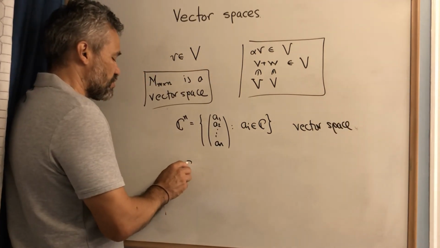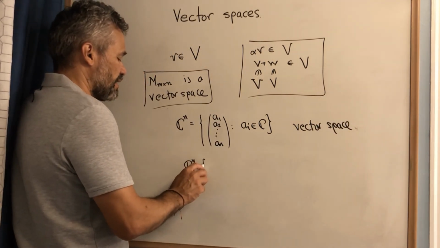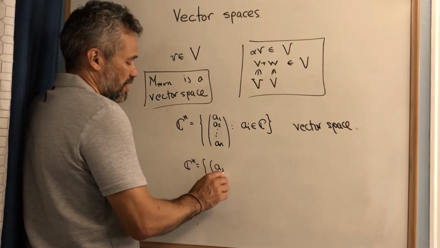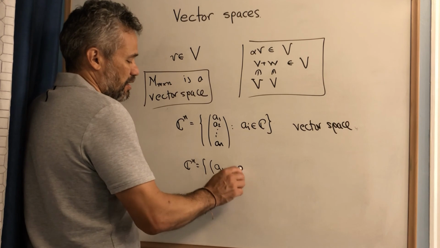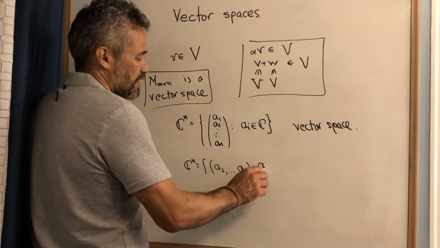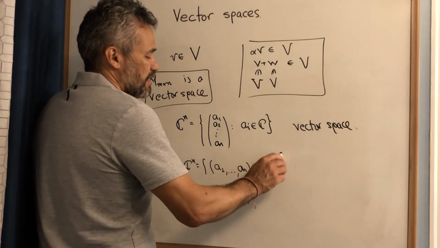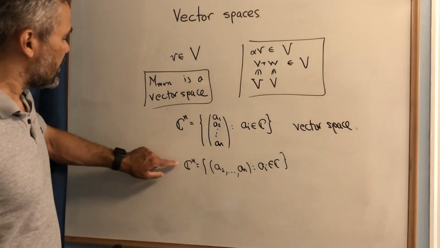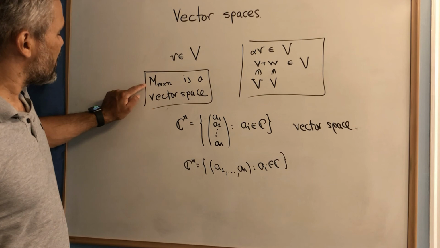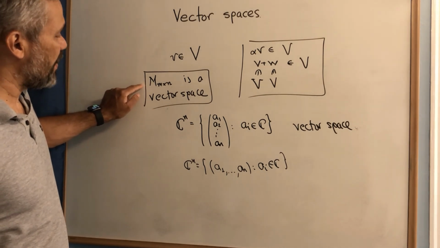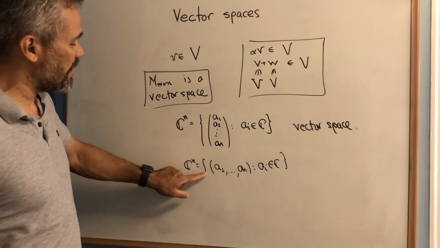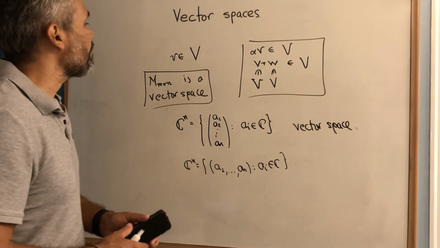Sometimes we abuse the notation and we call C^n the set of row vectors, like (A1, ..., An), such that every A sub i is a complex number. This is also a vector space. Notice that these two can be viewed as particular examples of the set of matrices. These are matrices n by 1, and these are matrices 1 by n.